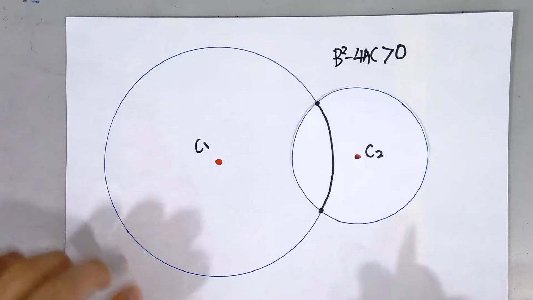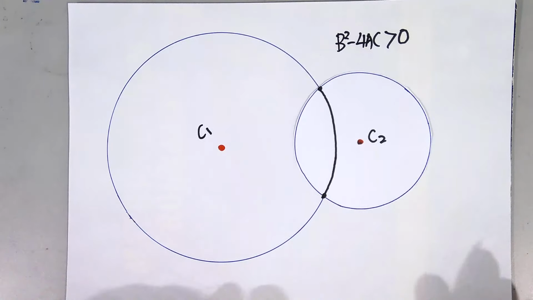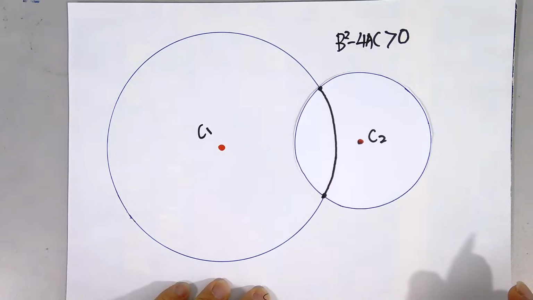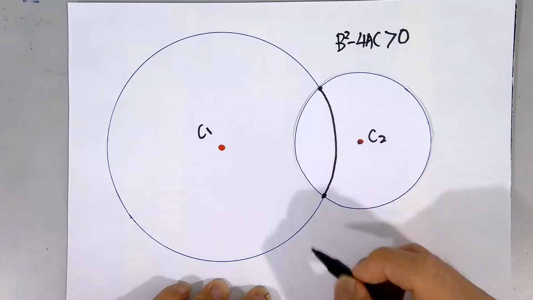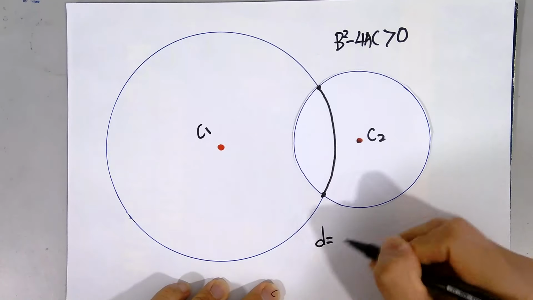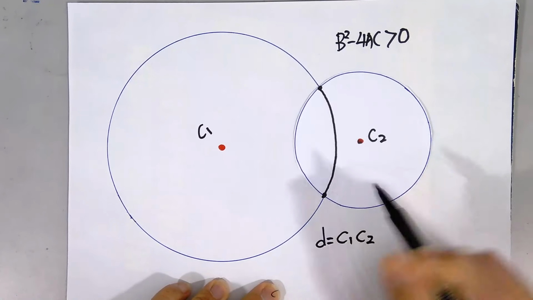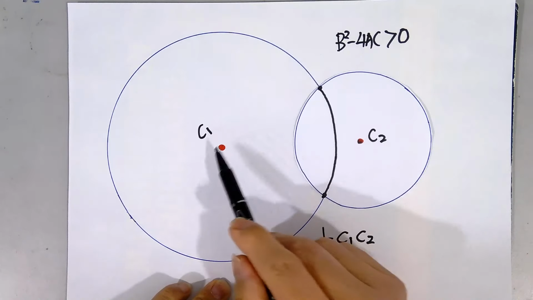I can also describe this by analyzing the distance between the two circles. The distance between the two circles is C1C2. Sorry, it's the distance between the centers of the two circles.